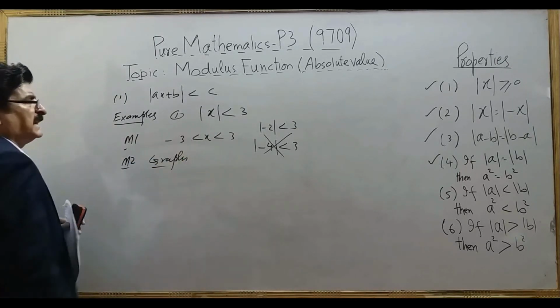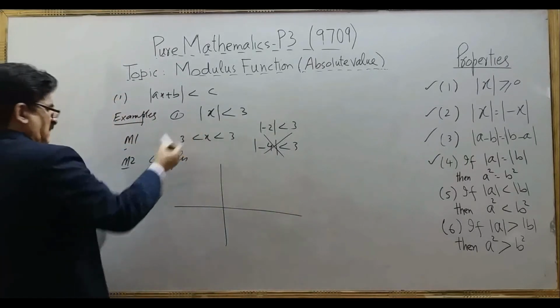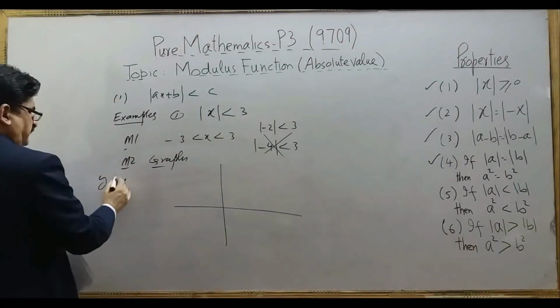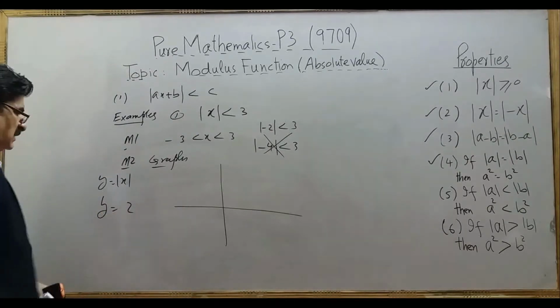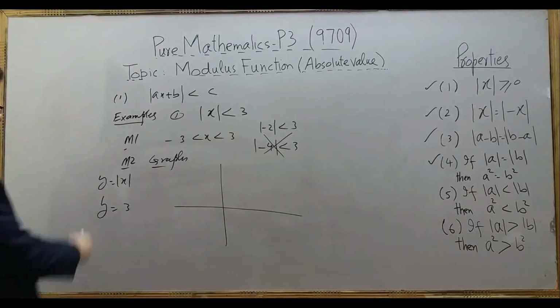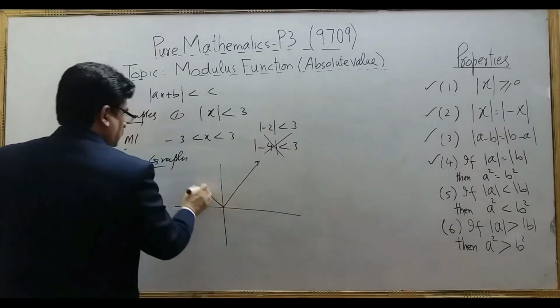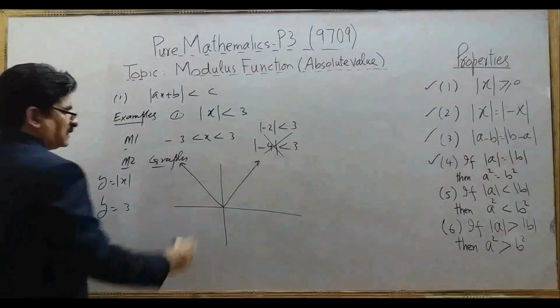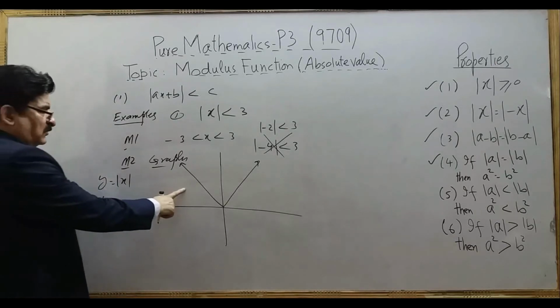You can see the graphical method. You can sketch two different graphs. One graph is y equal to |x|, and the second graph is y equal to 3. The first graph will be this, and we have seen it before.